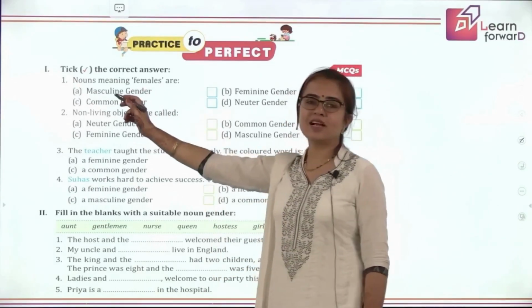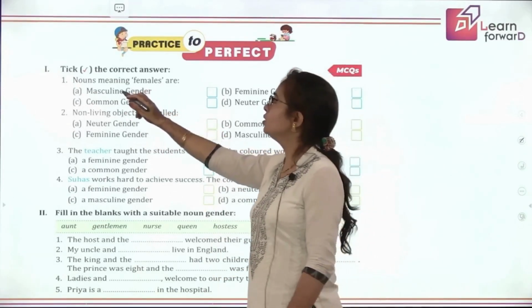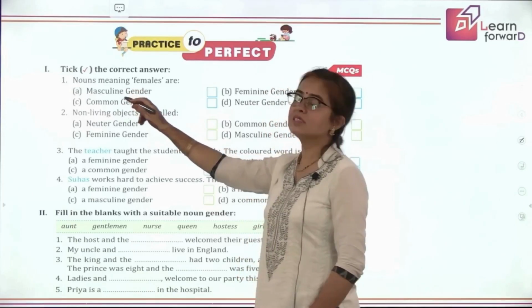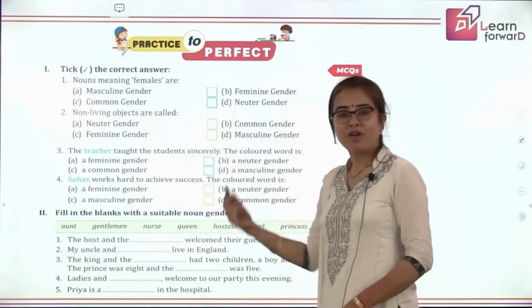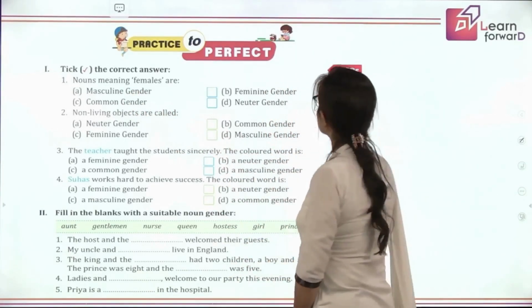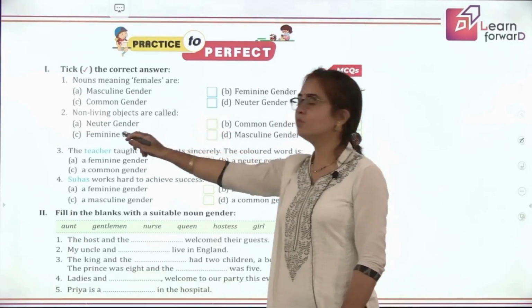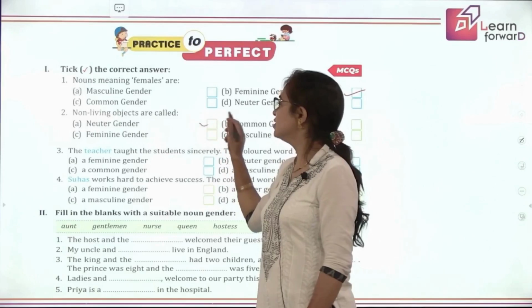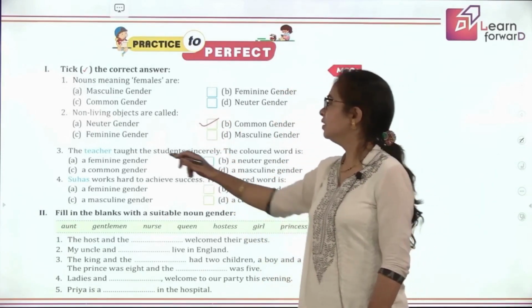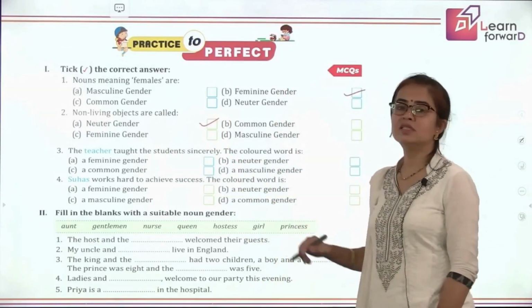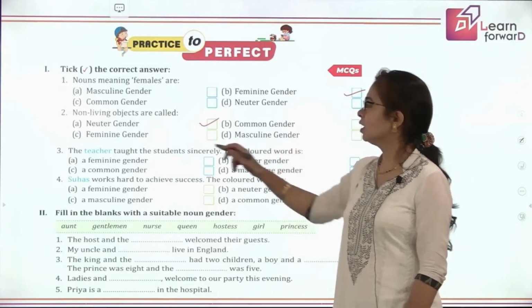Tick the correct answer. That is nouns meaning females are F for females and F is for feminine. Good. The non-living objects. Yes, that is neuter gender. The teacher taught the students sincerely. Now, what is the colored word here?